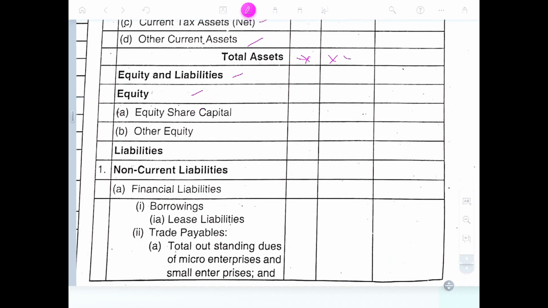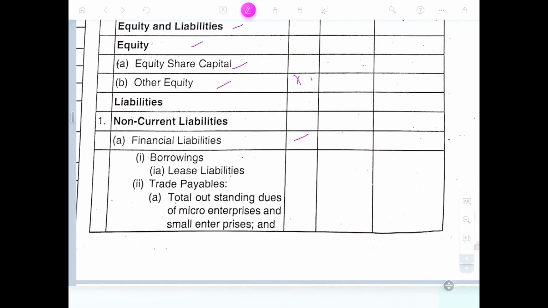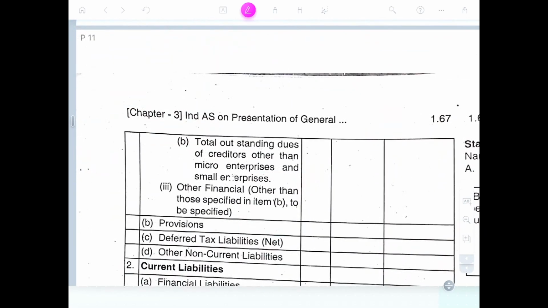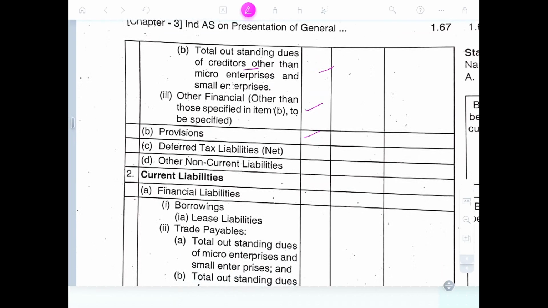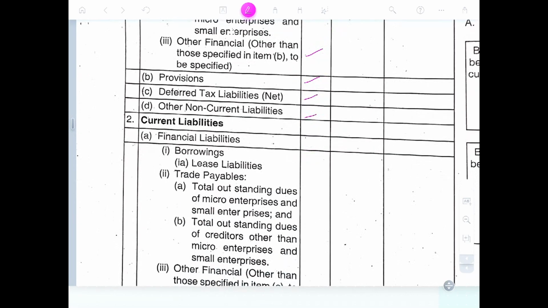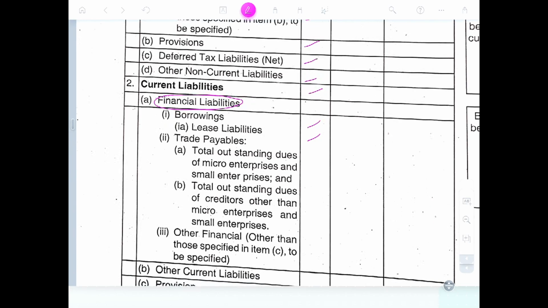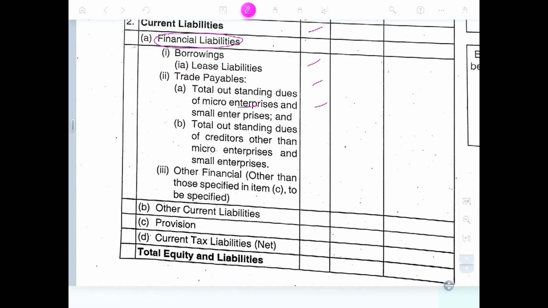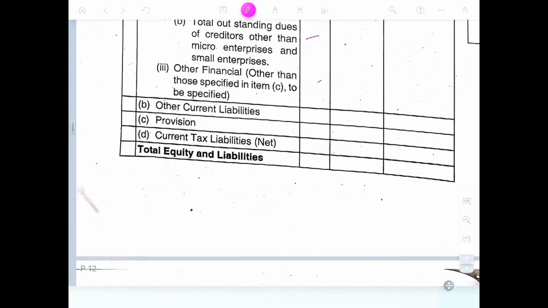Equity and liabilities: equity share capital, other equity. Liabilities, non-current liabilities, financial liabilities: borrowings, lease liabilities, trade payables: total outstanding dues of micro enterprises and small enterprises, total outstanding dues of creditors other than micro enterprises and small enterprises; other financial liabilities, others to be specified; provisions, deferred tax liabilities, other non-current liabilities. Current liabilities, financial liabilities: borrowings, lease liabilities, trade payables: total outstanding dues of micro enterprises and small enterprises, total outstanding dues of creditors other than micro enterprises and small enterprises; other financial liabilities, others to be specified.